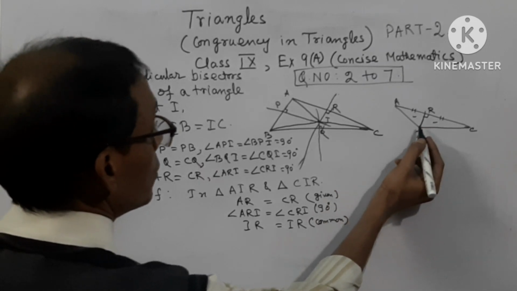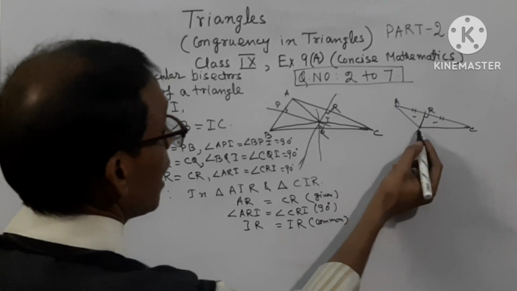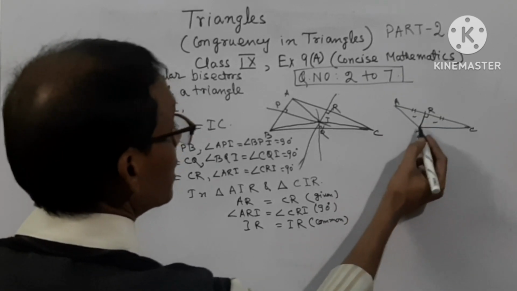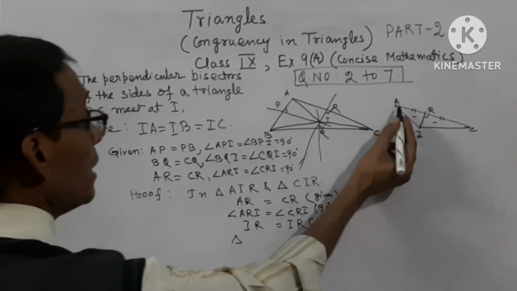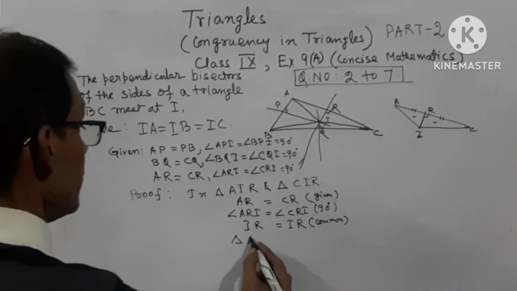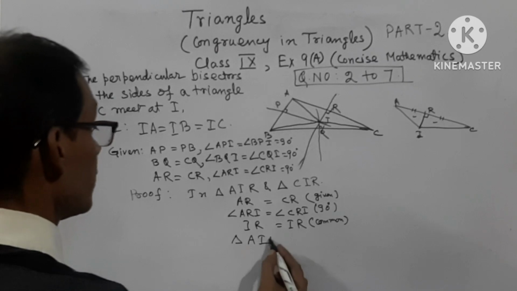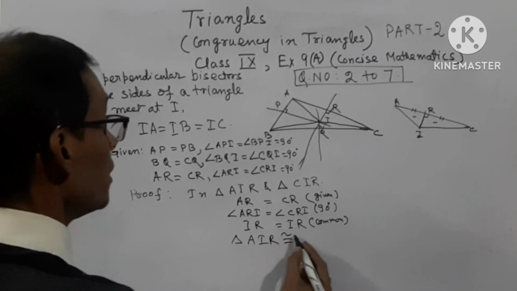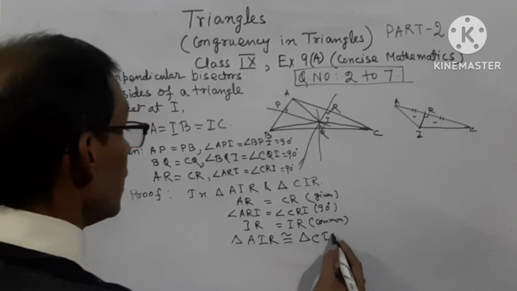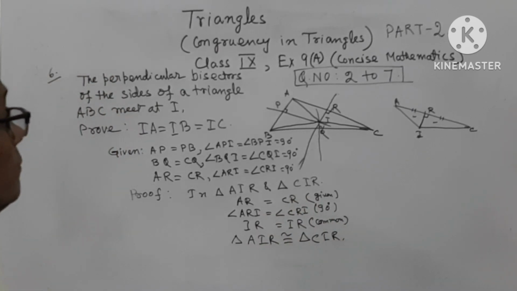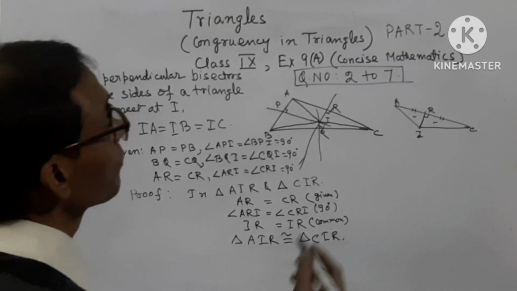Now you understood, triangle AIR and triangle CIR will be congruent. By which criteria?